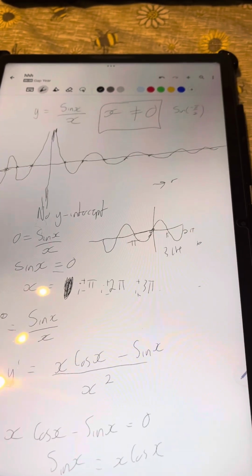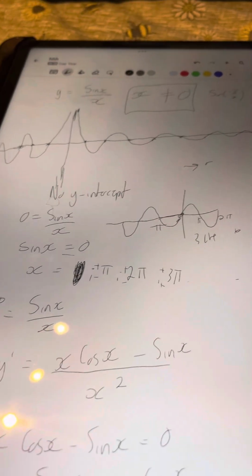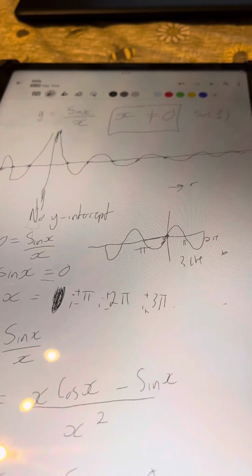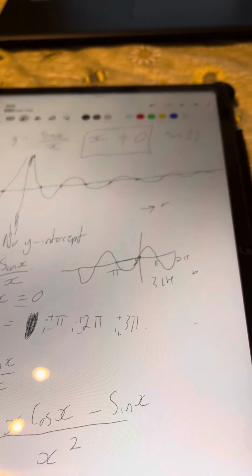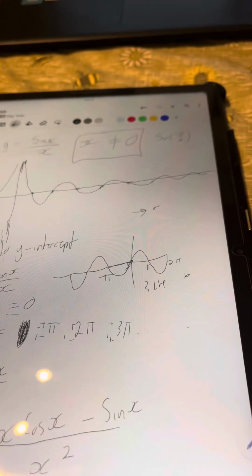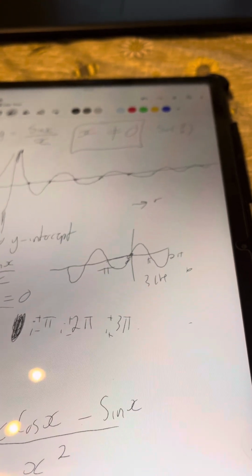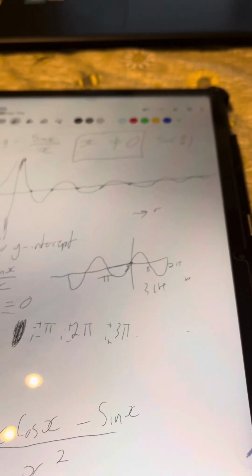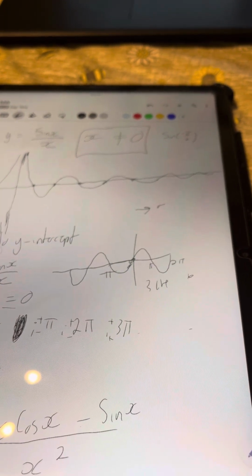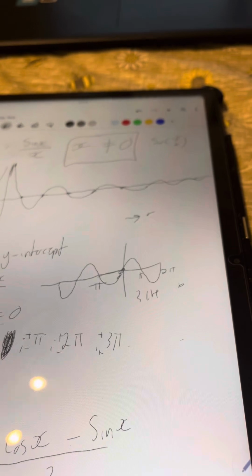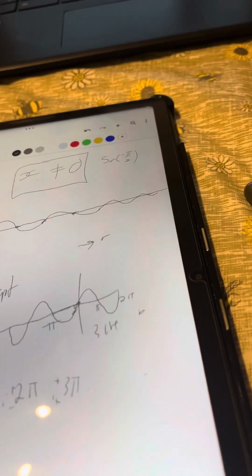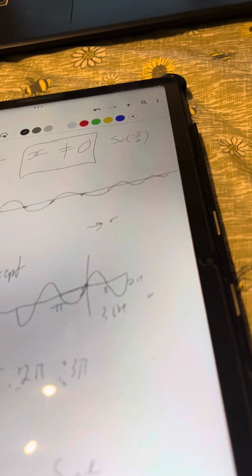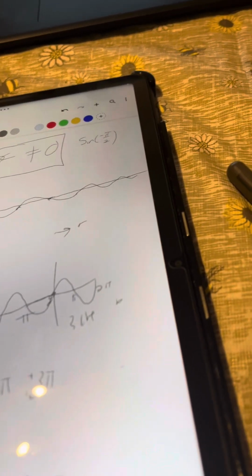Then it hit me again that the top part, sine x, is in the range -1 to 1, and you're dividing by x, which will be equal or greater in size, which means you're always going to get values of y which are not greater than 1.